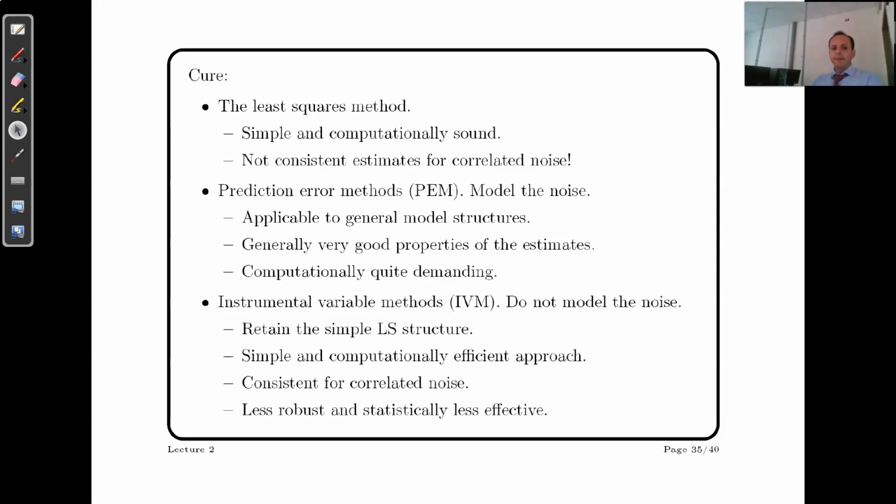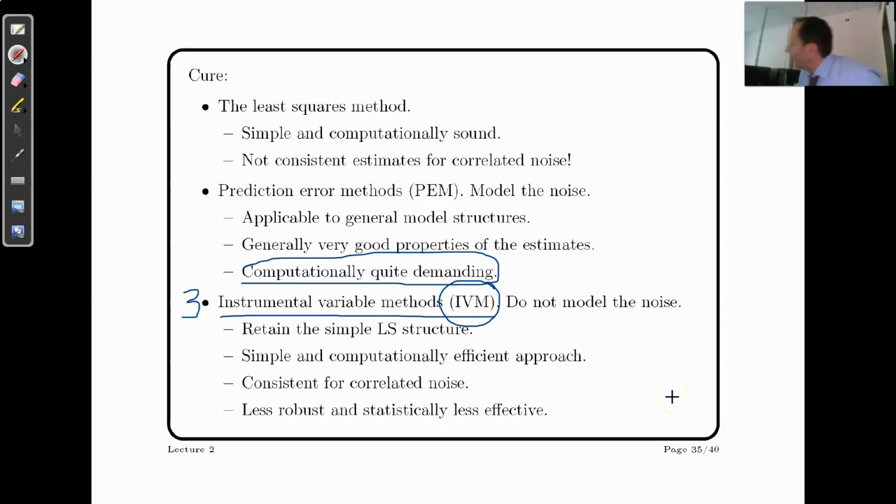The prediction error method is valid for more general structures, and it has good properties of the estimates. The only problem is that it is computationally demanding. It is very complicated because it requires a numerical solution.